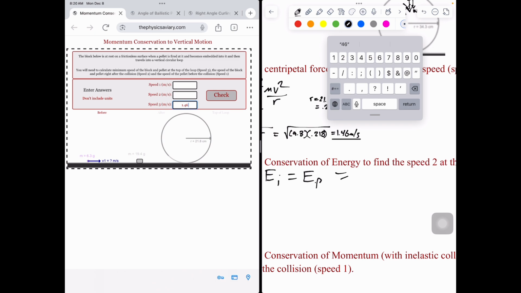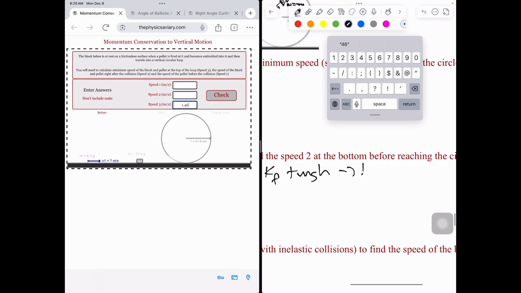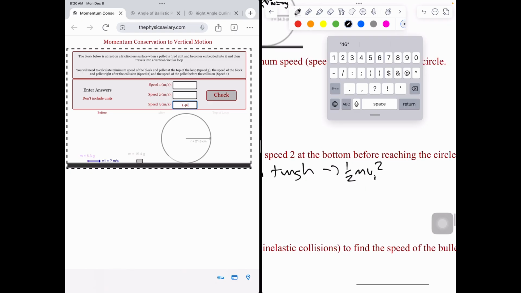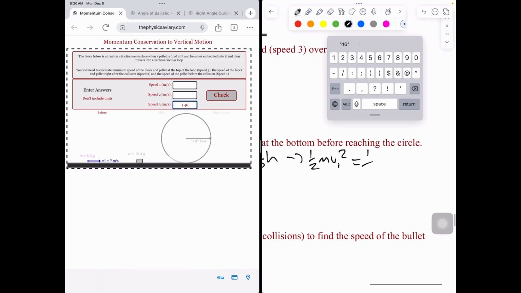So that's going to be initial kinetic energy equals final kinetic energy plus mgh. And we're going to change this into 1/2 mv initial squared equals 1/2 mv final squared plus mgh. And you're solving this for v initial. So you have to multiply by 2.